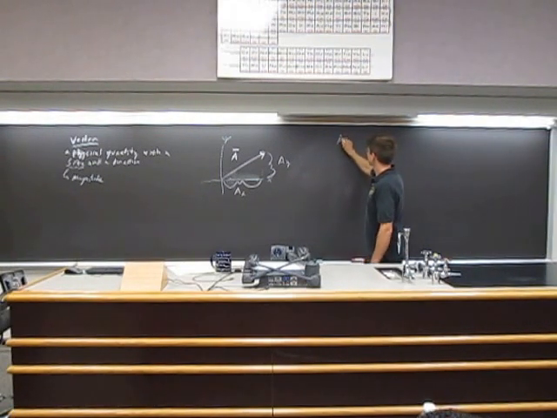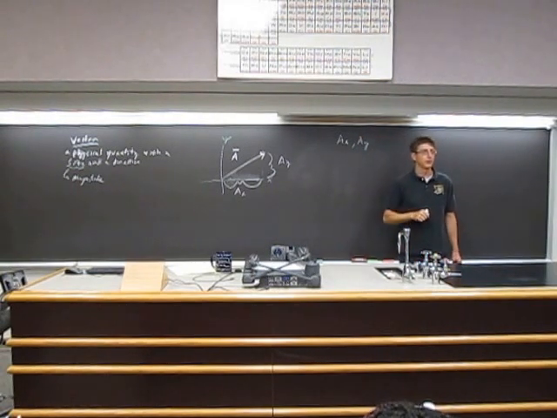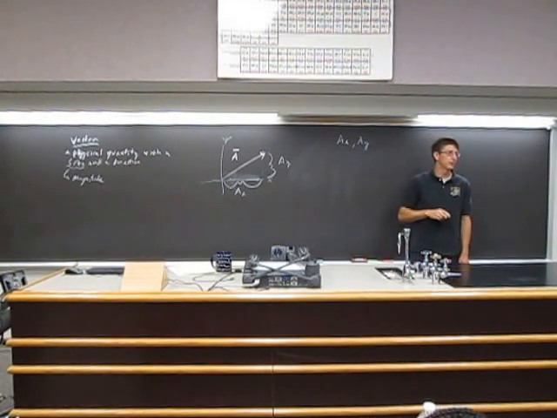A sub X and A sub Y are what are known as the components of the vector, the X and Y components of the vector.